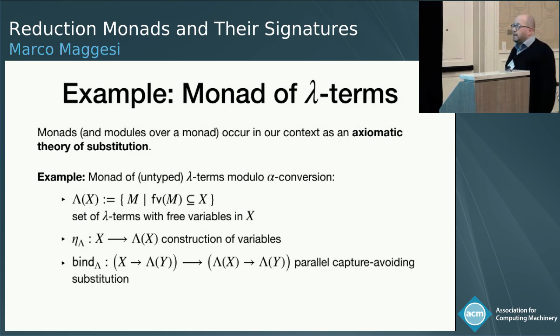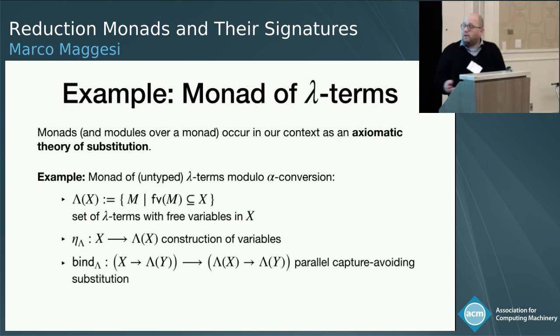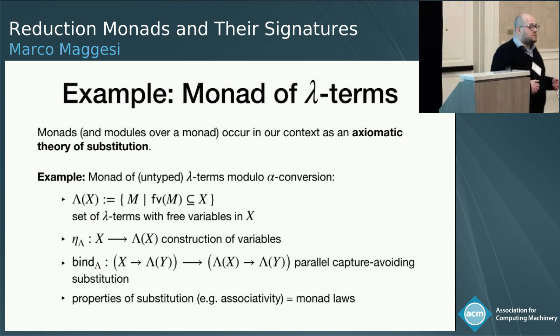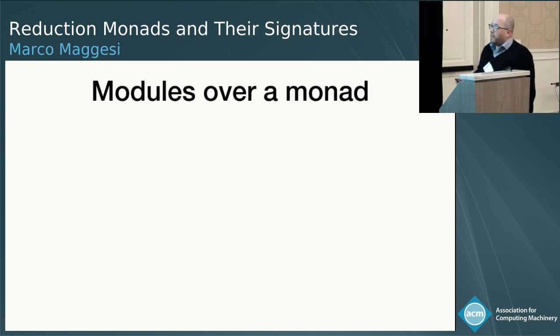And you have the parallel capture-avoiding substitution, which takes a map from X to Lambda Y and gives you a map from Lambda X to Lambda Y. And the usual properties of substitution correspond precisely to the laws of monads.